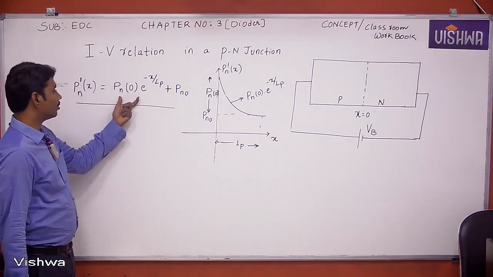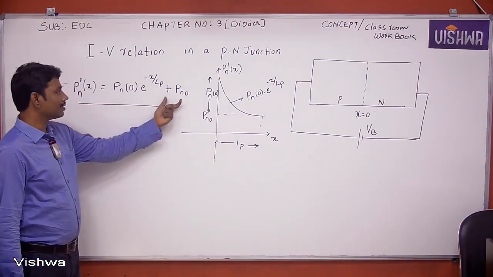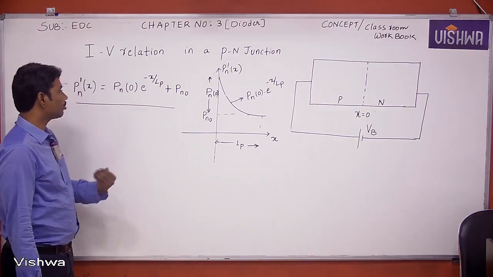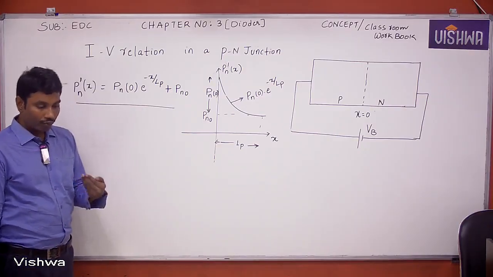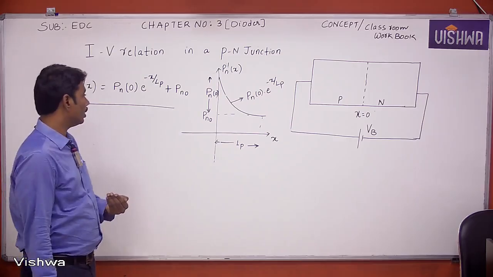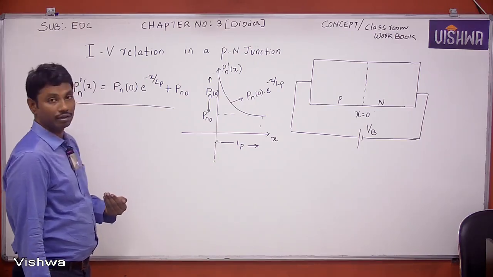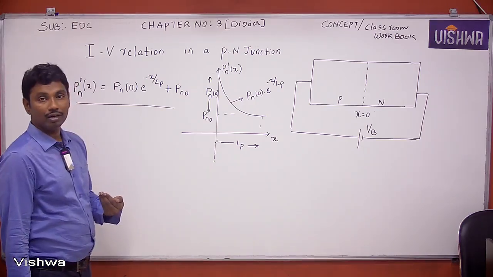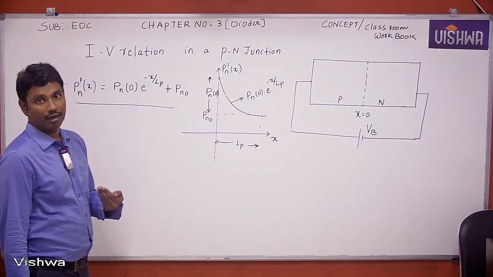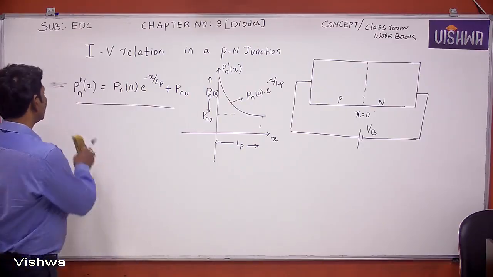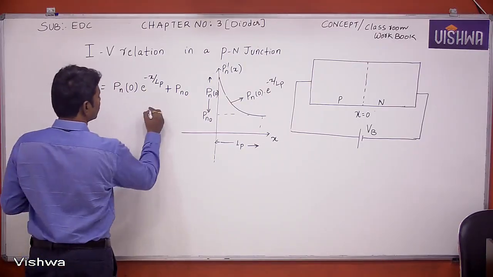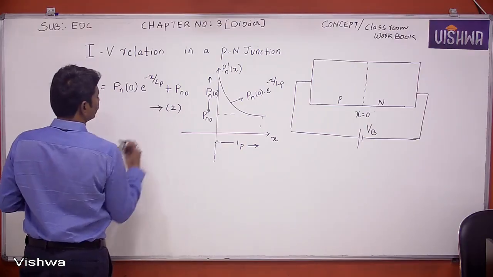This is the thermally generated hole concentration and this is the injected hole concentration, where Lp is the diffusion length. Consider this one as equation 2.